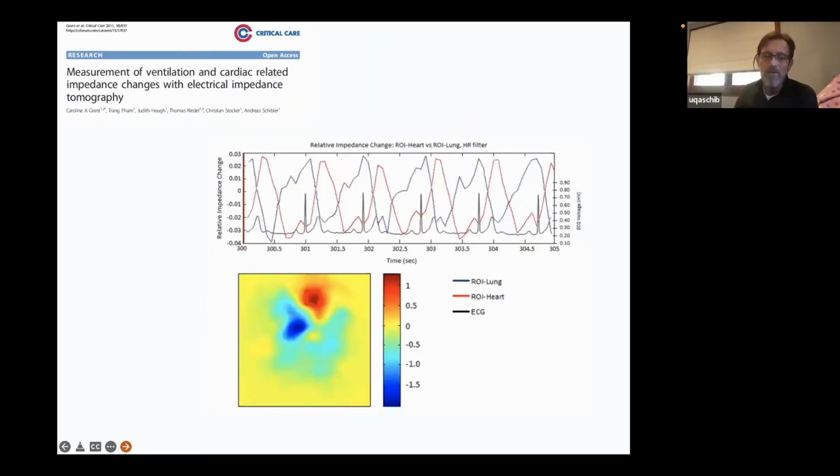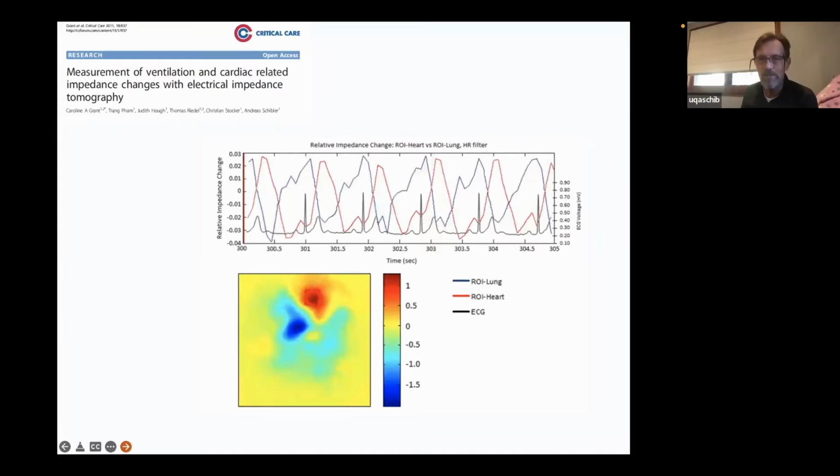Now, if you then look at how the perfusion is happening during the respiratory cycle, the upper panel shows this blue, we call it ROI lung. This is the respiratory cycle that you can see. And again, you can estimate a little bit these notches that are occurring from the cardiac impulse. Then the black line is the normal ECG.